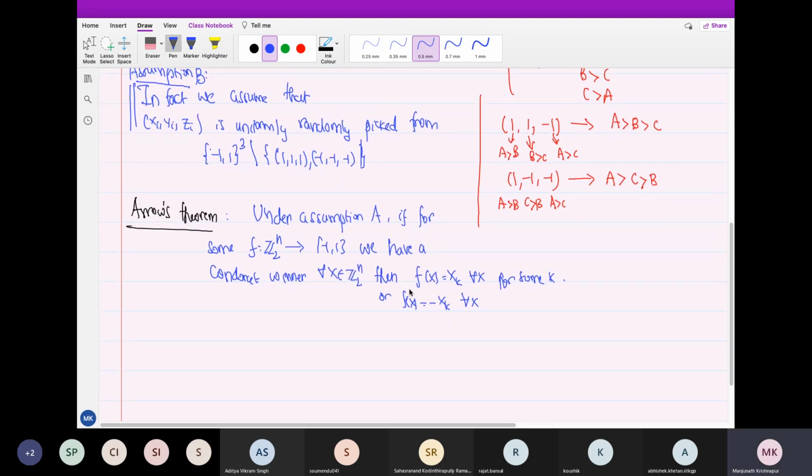It's a dictator or anti-dictator, meaning there is a dictator, but whatever he says, the opposite goes. So these are the only two possibilities if you always have a Condorcet winner.